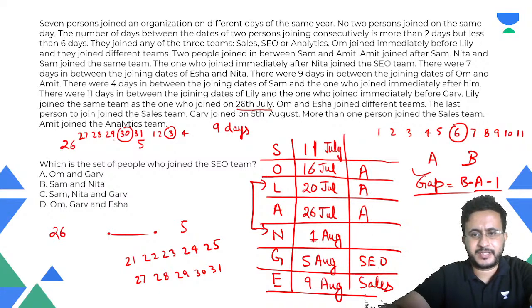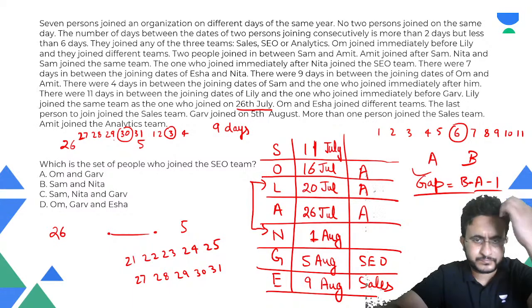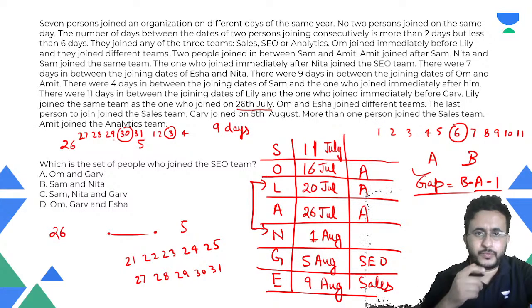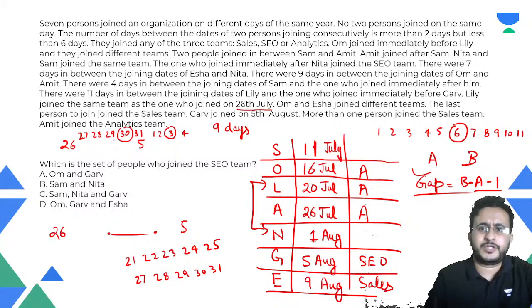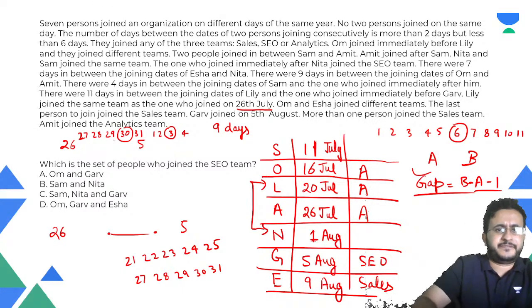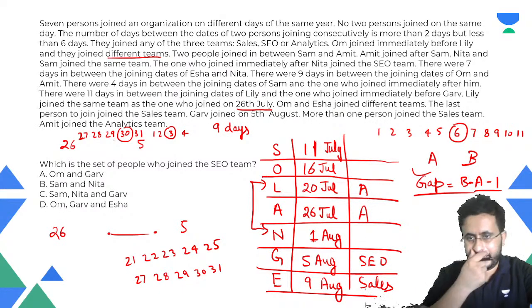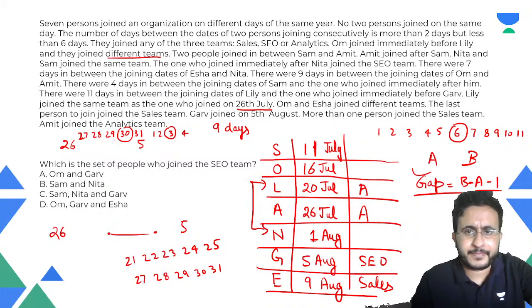So एक sales team में आना है और लिली एंड ओम किसको कुछ दिया था? अच्छा, ओम join, they join, sorry, different teams, right? ओम और लिली सेम नहीं है. Lily will join analytics, Om will not join analytics, right? अब क्या बच रहे हैं?